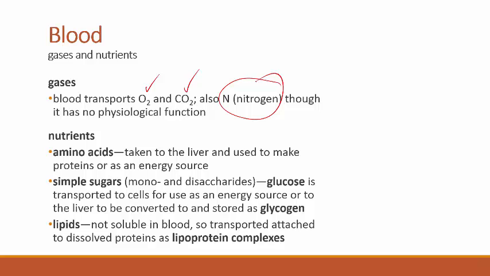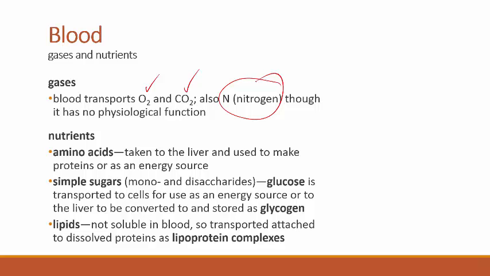And then nutrients. So as we digest foods, we break down proteins into amino acids. We break down carbohydrates into simple sugars built of either one saccharide alone, or two saccharides that are bound together. And then lipids, finally.